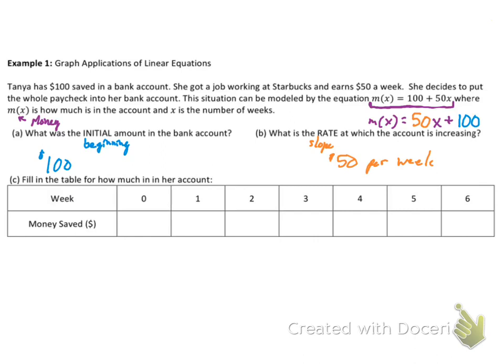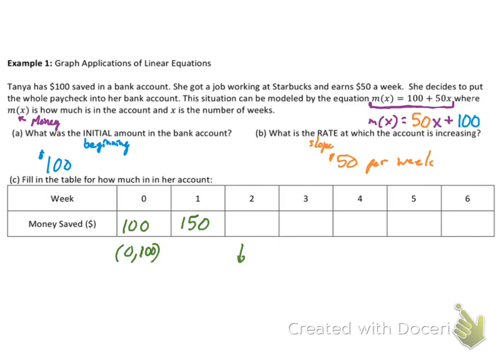All right, so to help us graph, we're going to fill in this table. So if she has worked 0 weeks, how much money does she have saved? Well, that's going to be the initial amount, because remember, these are all coordinate pairs, so 0, 100. If she works 1 week, how much money is she going to have? 150. 2 weeks, I plug in 2.